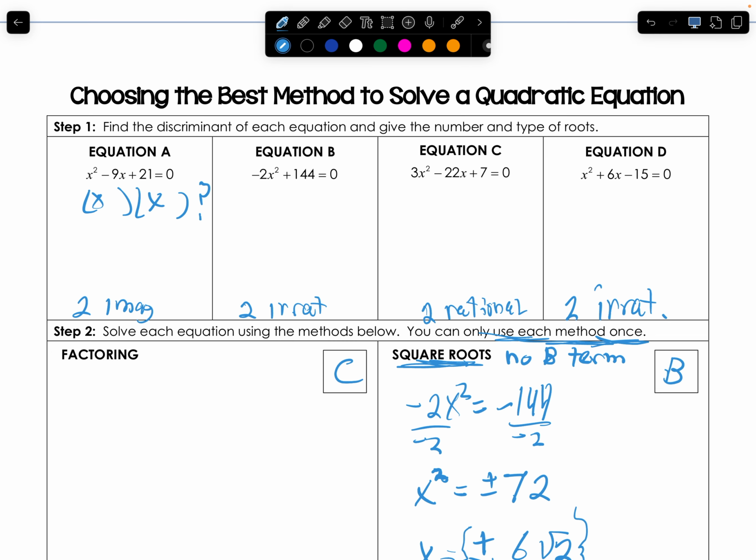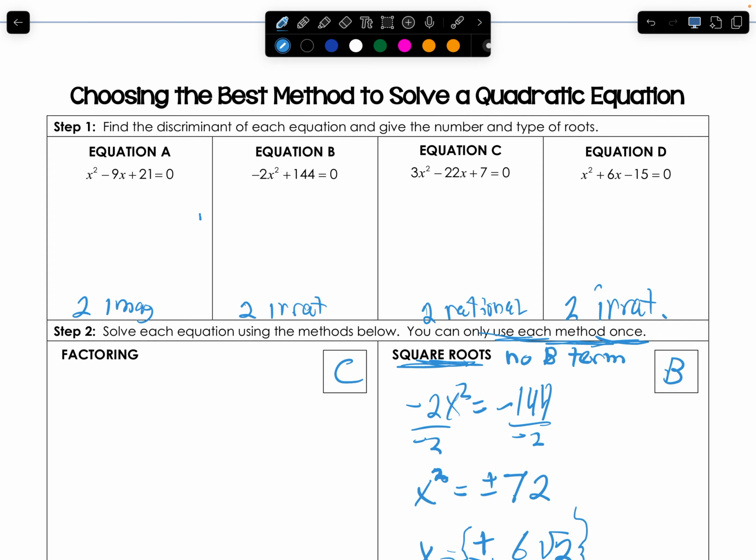And the same thing with this one. Go ahead and try it. And if you find two numbers that work, go ahead and factor it, get your two answers, equals 0. But you can't. So I would pick for factoring something like equation C.